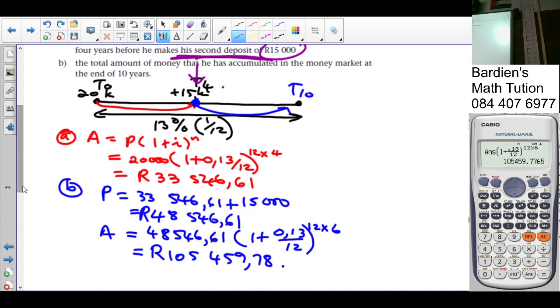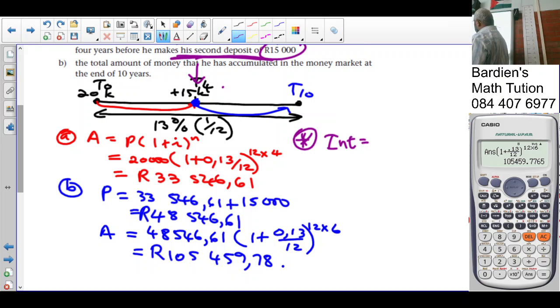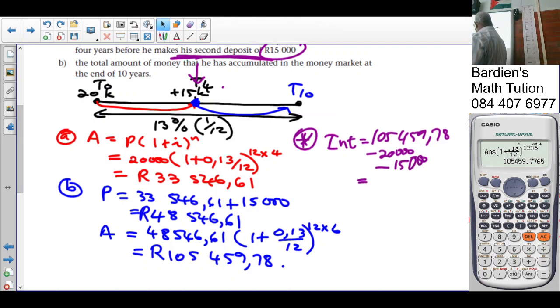If the question was how much interest was earned, which this question wasn't, then you would say 105,459 rand 78 minus your initial 20,000 rand minus your second deposit of 15,000. In other words, you're taking off 35,000 rand.